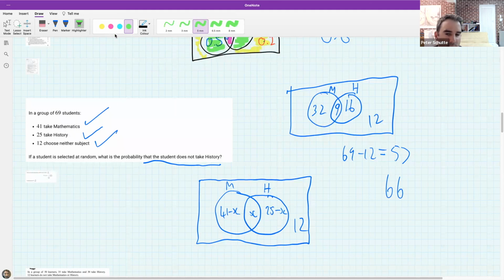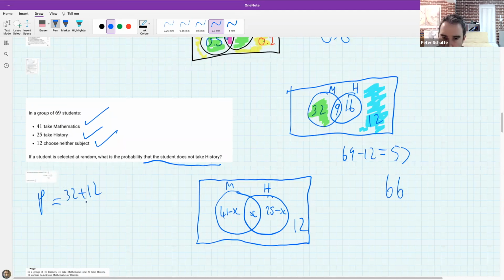So it would be this bit here, and then also this bit over here. Now, which would give you a probability for this one of 32 plus 12 over 69, which would be 44 over 69, which would be the answer.